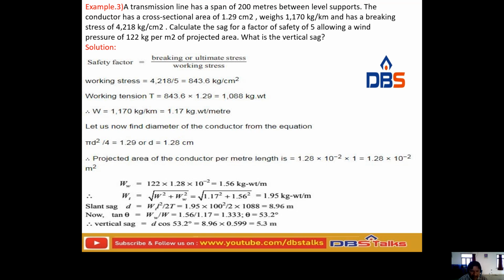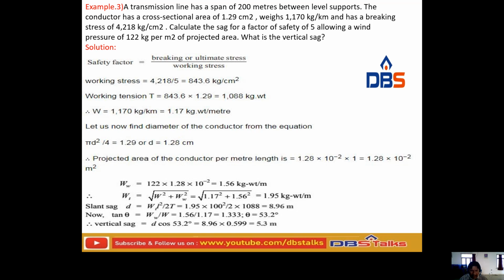But what about working tension? It is multiplied by 1.29, that is nothing but the given cross-sectional area. Suppose they don't give the cross-sectional area, they directly give the working tension.